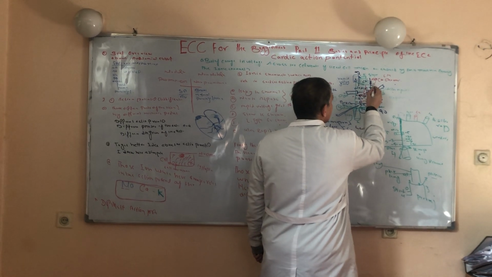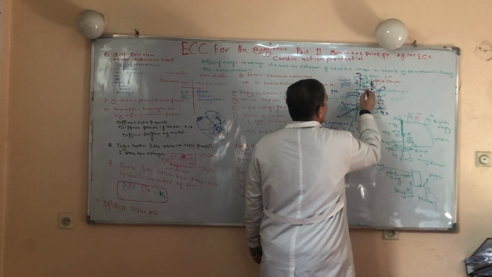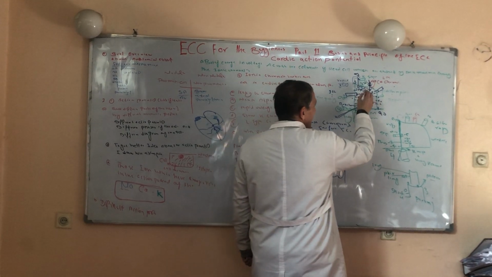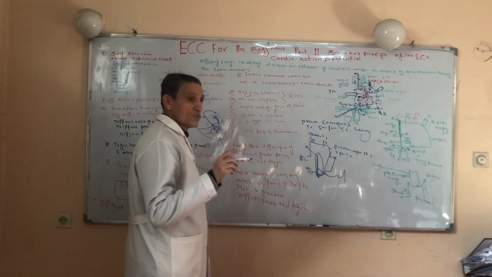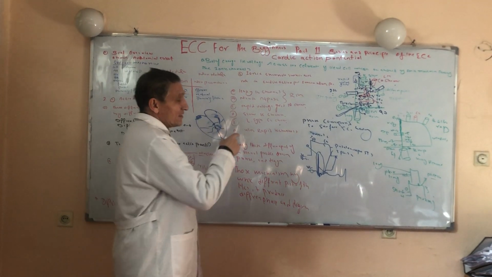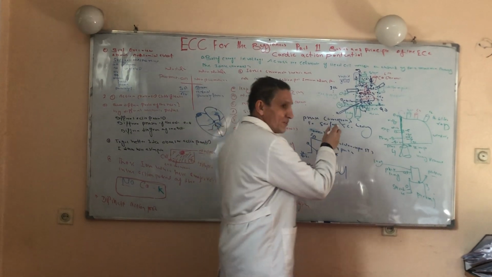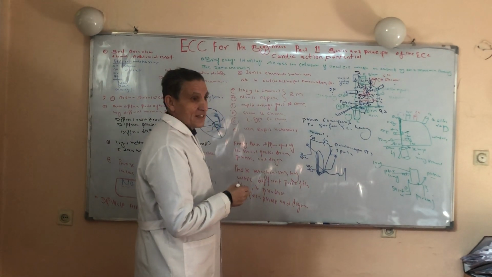In the genesis of the plateau phase of the action potential, the L-type calcium channel has a role. We have 2 types of calcium channels in the action potential: L-type is related to the ventricular cell, and T-type is related to the pacemaker cells.